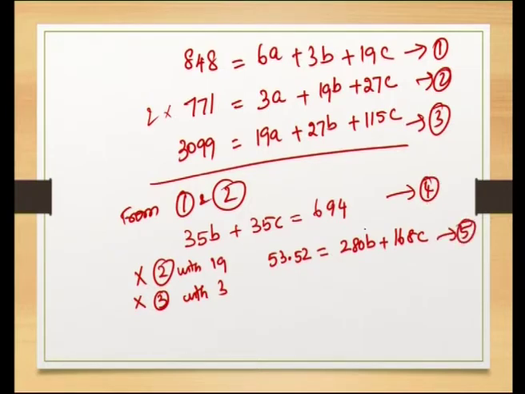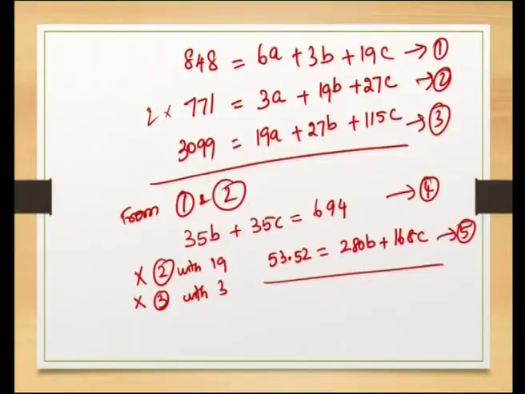Now, after reducing the equations in terms of a, b, c to b and c alone, we can just solve 4 and 5 and we get the b value and c value. B value comes to be equal to 18.04 and C value comes to be equal to 1.786.